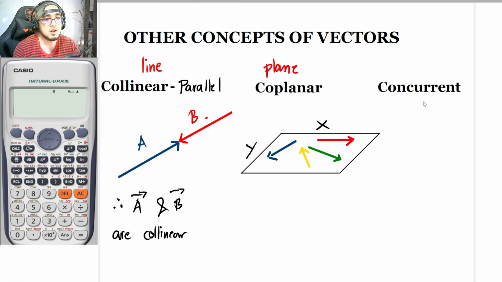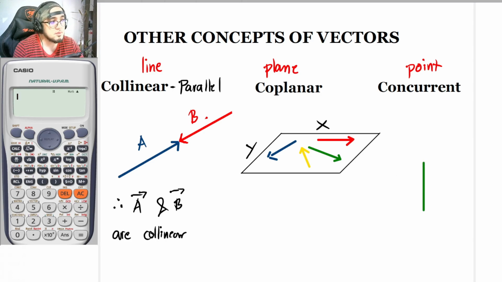So what about concurrent vectors? Concurrent vectors are vectors that share the same point, regardless of whether they are collinear, coplanar, or not. For example, let's say we have another set of vectors here.